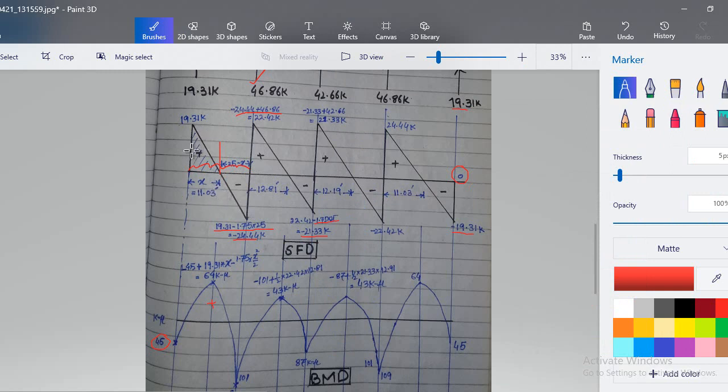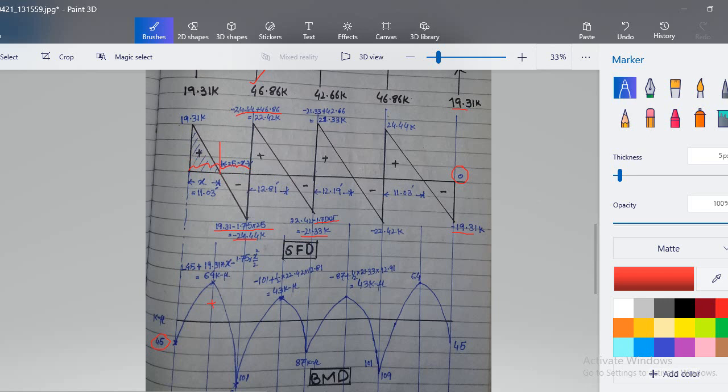Now you have to find this shear area, subtract or add. This is negative, so add it, because this is positive shear and this is negative moment. So you see the calculation, how I got 64. Clear? 64 minus 45 plus 19.31 times x, because this is moment and this is reaction.